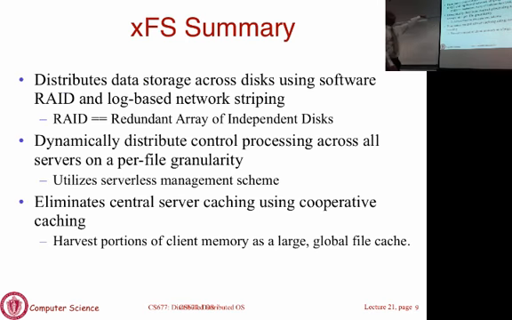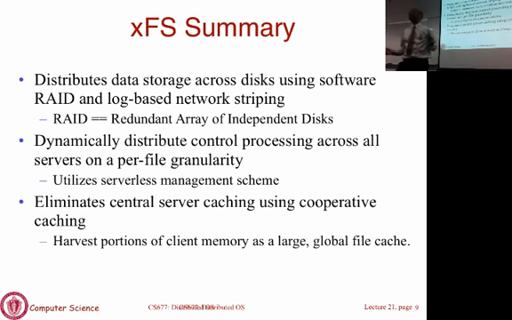So the first idea used in XFS is that it distributes blocks of a file across machines. Thus far we have assumed that all the data for a single file is stored on a single machine. Here we have a notion called network striping.